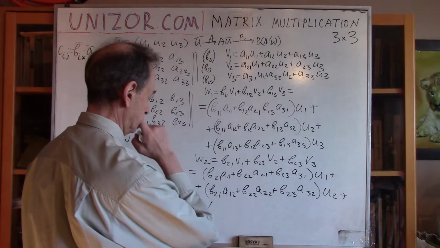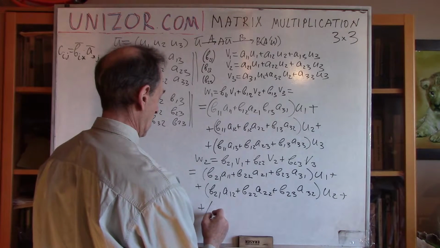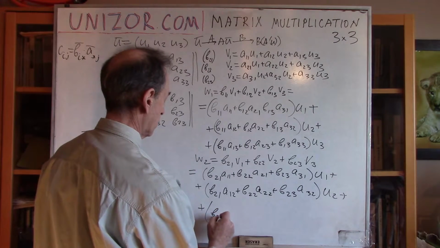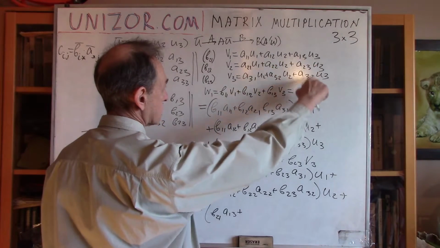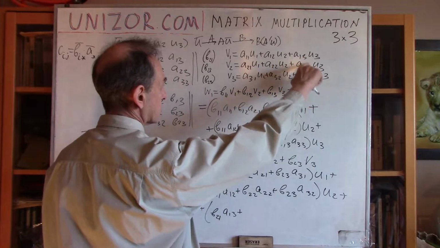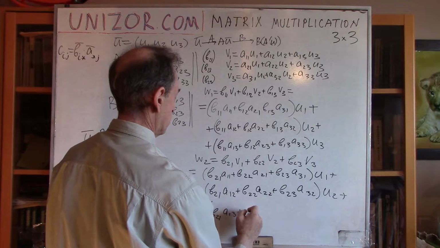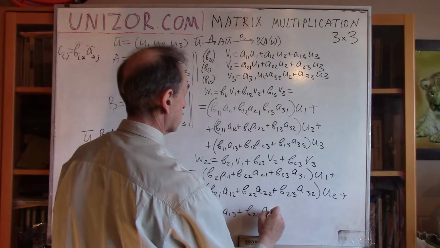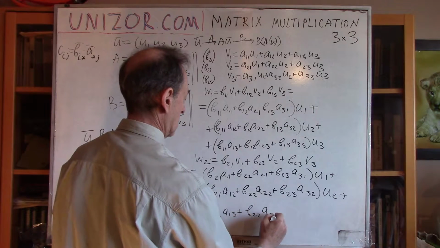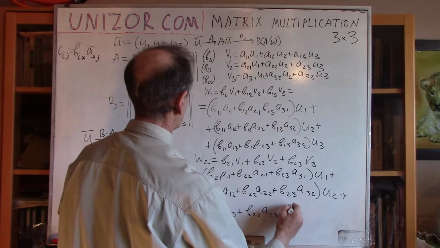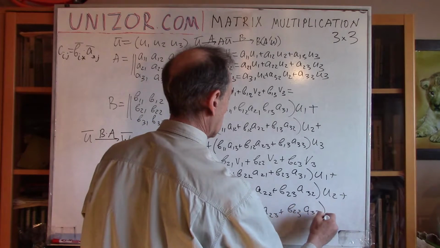And the third one would be B21 A13. Now we are gathering everything with U3, which is this, this, and this, multiplied by this, this, and this, plus B22 A23 plus B23 A33 U3.